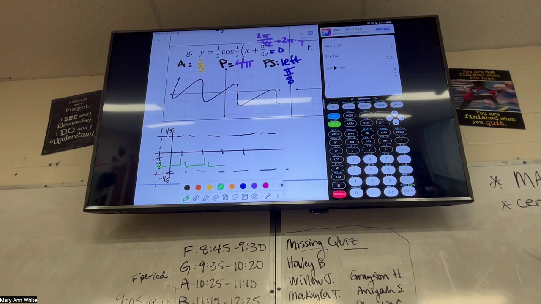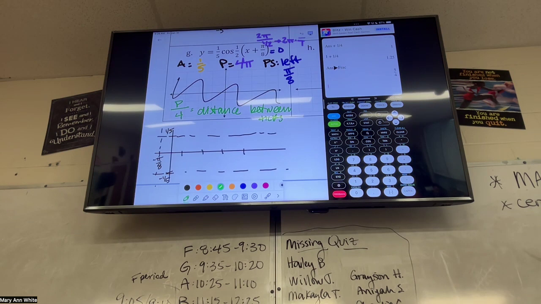What Miss Ludington does, and this works for her, and my kids liked this yesterday too, is she takes the period, her new period, and divides it by 4 to say, okay, what's the distance between each tick mark? So my period here is 4 pi, and I'm going to divide it by 4. So it's pi units between each tick mark.